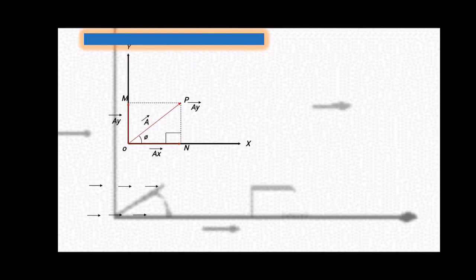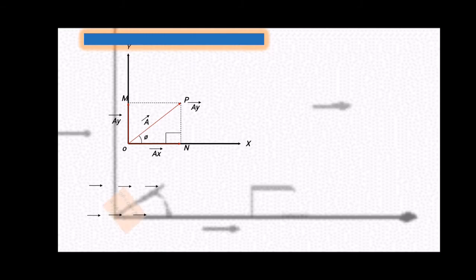And from point P, draw two lines to the x and y axis as PM and PN. Then we can apply the triangle law of vectors on triangle OPN.